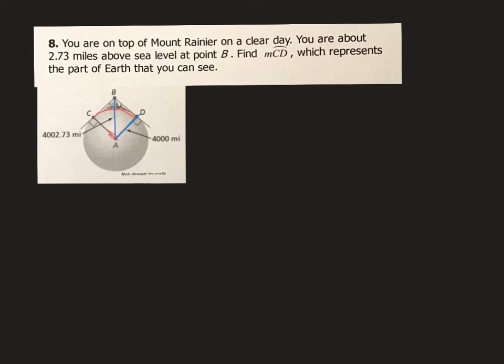So we can find this angle here using our trigonometry. So from this angle, 4,000 would be our adjacent side because angle D is a right angle. And AB, the 4,002.73, would be our hypotenuse. So adjacent and hypotenuse is going to be cosine.